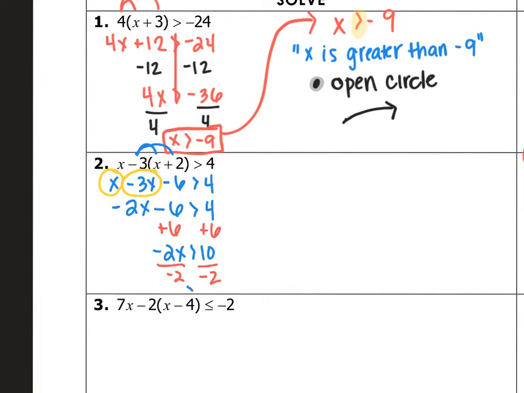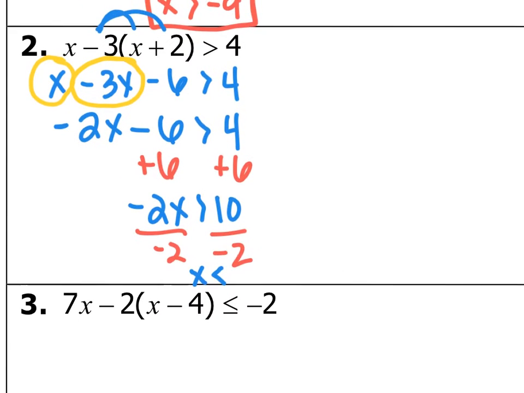I'm left with x is, and we just divided by a negative, so we're going to need to flip our sign, and then 10 divided by negative 2 is negative 5. So let's put a little note here.